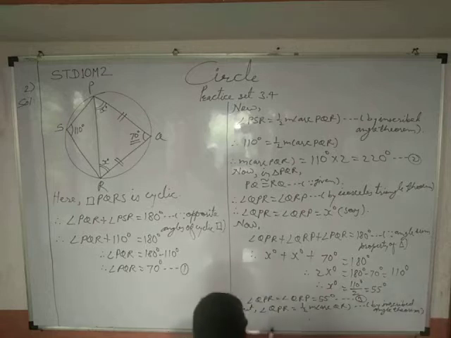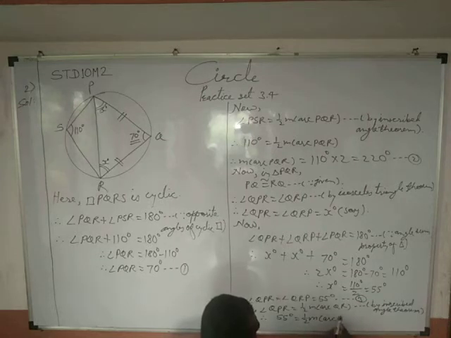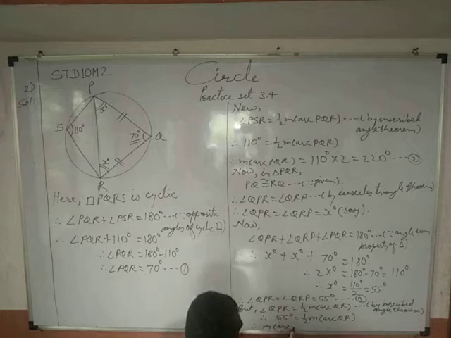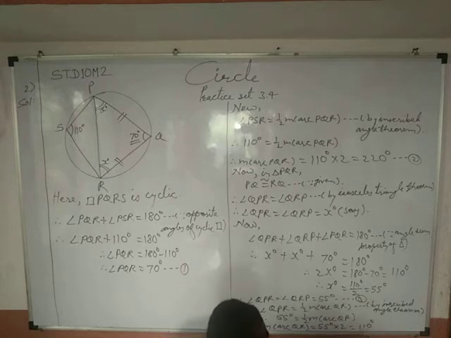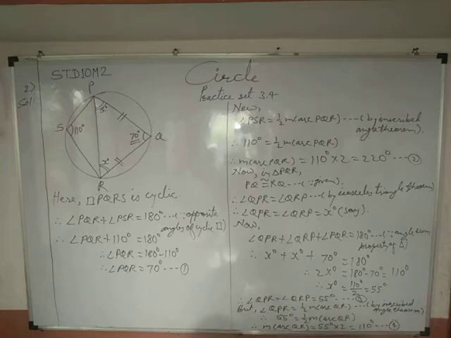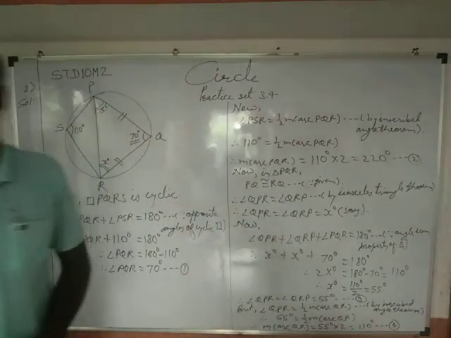Inscribed angle theorem, and therefore 55 degree equals half of measure of arc QR, and therefore measure of arc QR equals 55 degree into 2 equals 110 degree. Equation fourth. Okay.